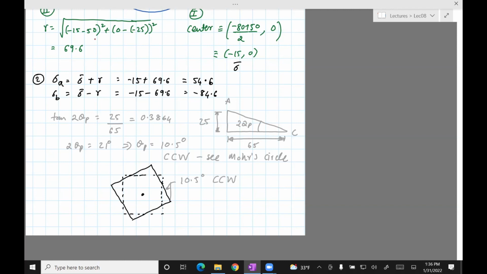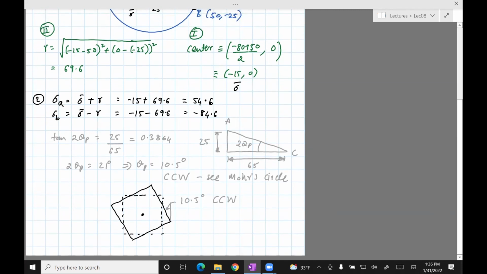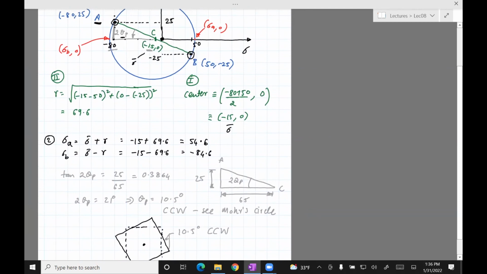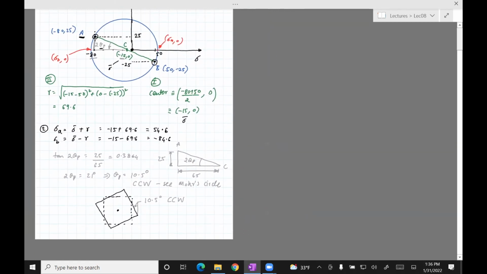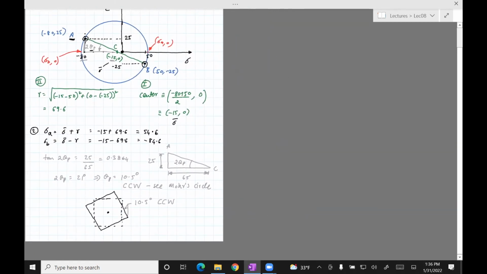We need to also show the stresses on this plane stress element. So we again go to the Mohr circle. Remember that every point on the circumference of that circle corresponds to an angle for the plane stress element.